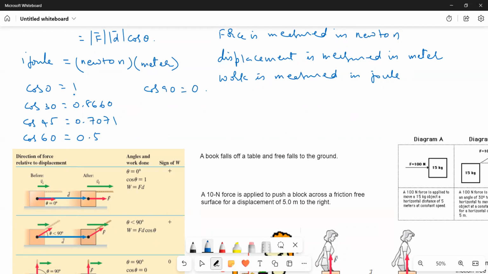So as the angle increases, the value of cos decreases. Therefore, the lesser the angle between force and displacement, the higher the work done. That you should remember, and I will explain that factor later.